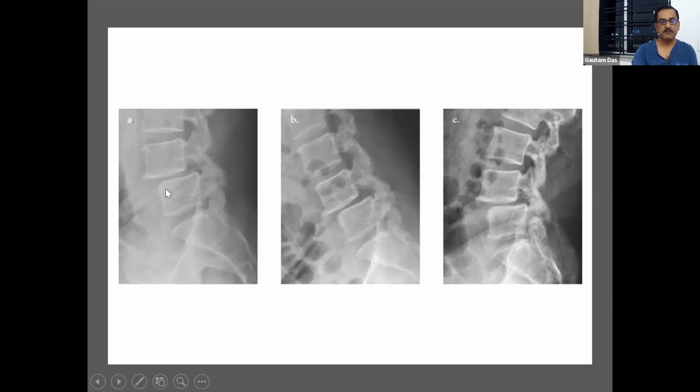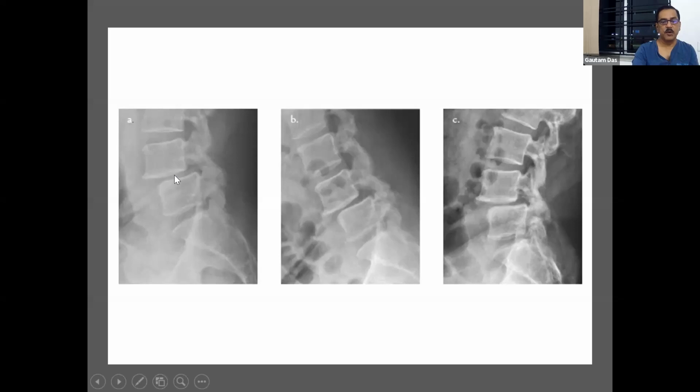If it has moved less than 25, that is your grade 1. 25 to 50 is your grade 2 listhesis. 50 to 75 is your grade 3 listhesis. 75 to 100 is your grade 4 listhesis.